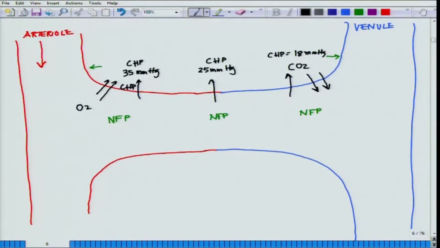If I talk about the capillary hydrostatic pressure, there is another pressure which comes into play, which is called colloidal osmotic pressure. Okay. It remains constant all throughout, and the colloidal osmotic pressure is 25 millimeter of mercury.